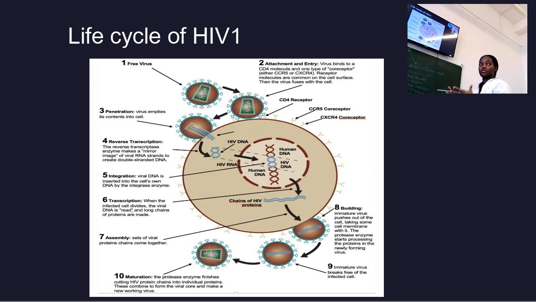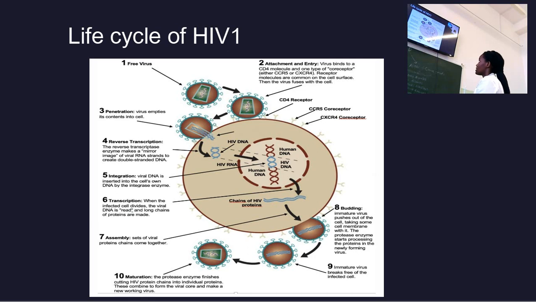Every cell contains DNA. So when it enters the cell, it does reverse transcription with our RNA and DNA strands in the cell. After that reverse transcription, there is integration, where the viral DNA inserts into the normal cell DNA.